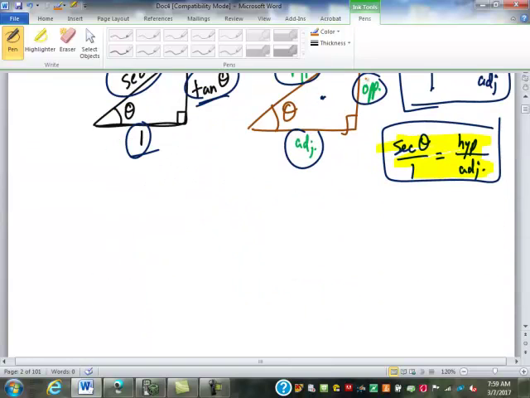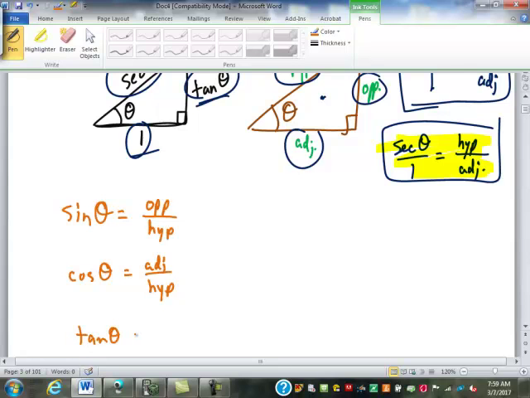So what we have here so far: sine of an angle is the length of the opposite side over the hypotenuse. Cosine of an angle is the length of the adjacent side over the hypotenuse. Tangent of an angle is equal to the opposite side over the adjacent side.